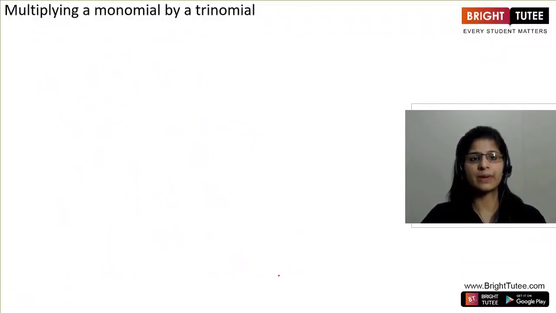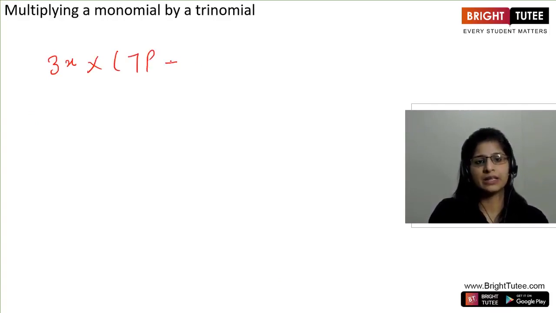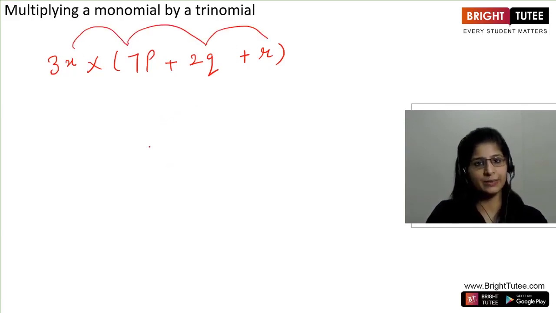Next is multiplying a monomial by a trinomial. Just to see, if I have to multiply 3x with 7p plus 2q plus r, we have to multiply this 3x with all these three terms inside the bracket.